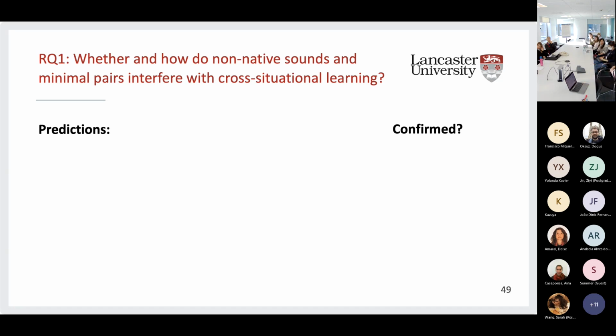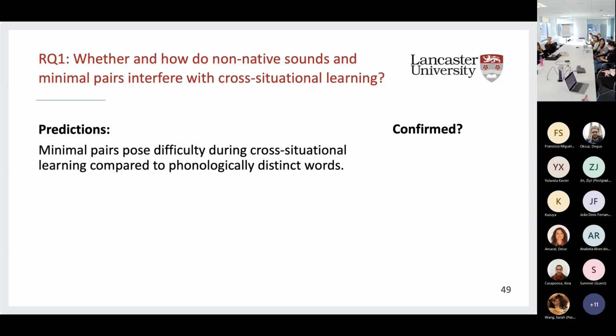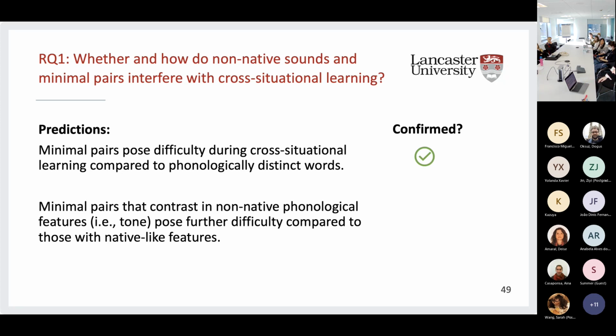I'm going to look back to our research questions and predictions. As for research question 1, we predicted that minimal pairs would be harder than non-minimal pairs, and we found evidence for it. And we thought minimal pairs that differ in tones would be harder than the others, and we found evidence for that.